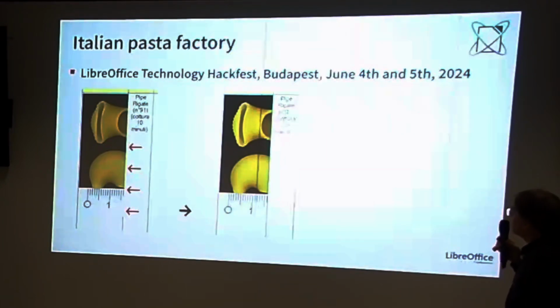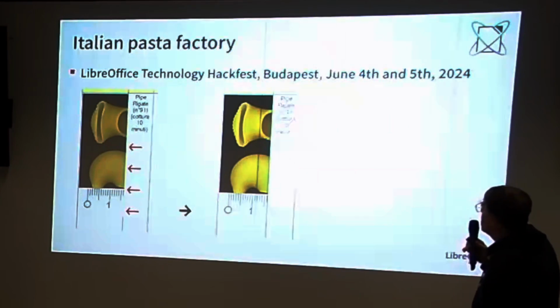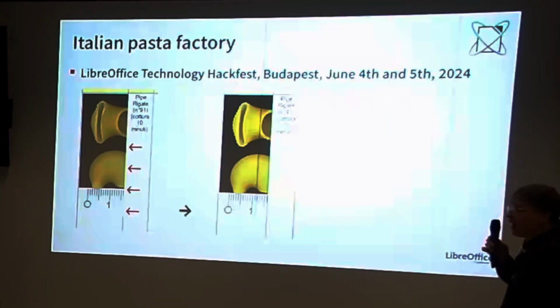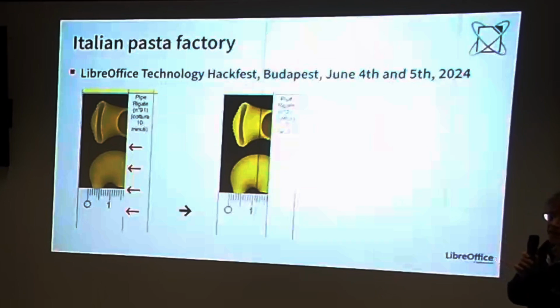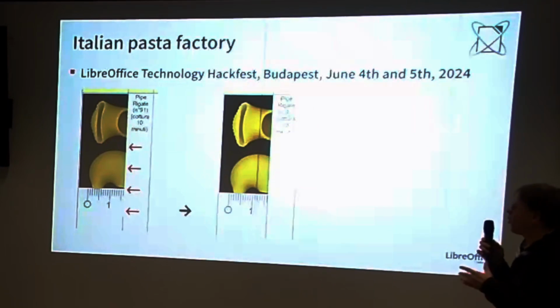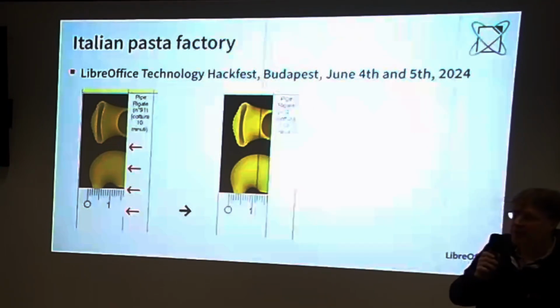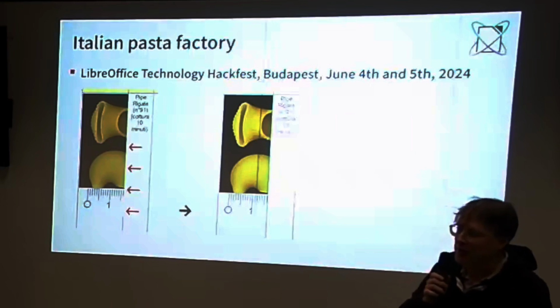The pasta factory is about a very special test file sent by contributors in the LibreOffice bug tracker. This document was very interesting because it contains all the different types of pasta factory.